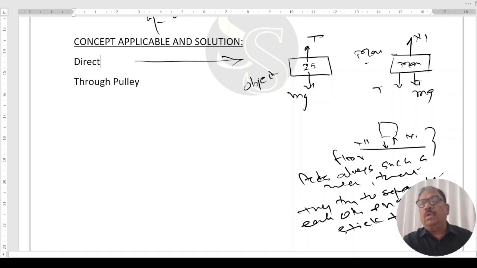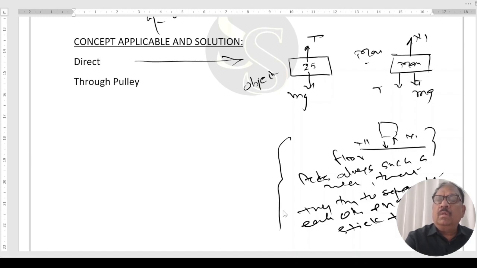So this is clear. The normal force exerted by the floor on the man is N1, and N1 is also the force exerted by the man on the floor.